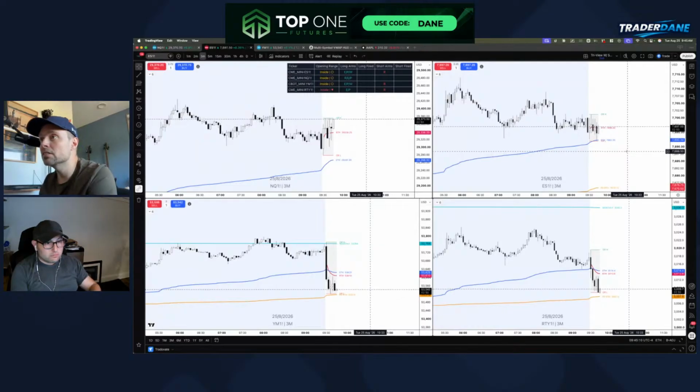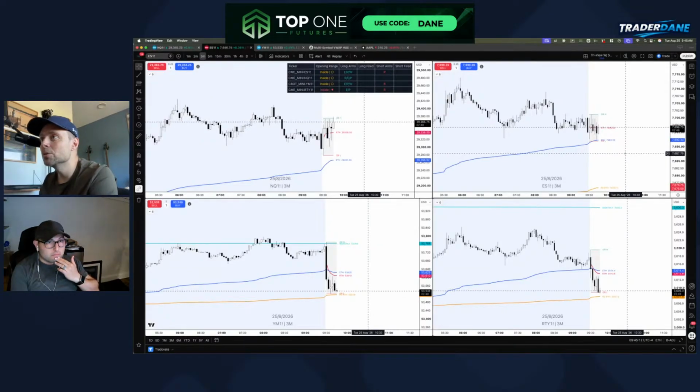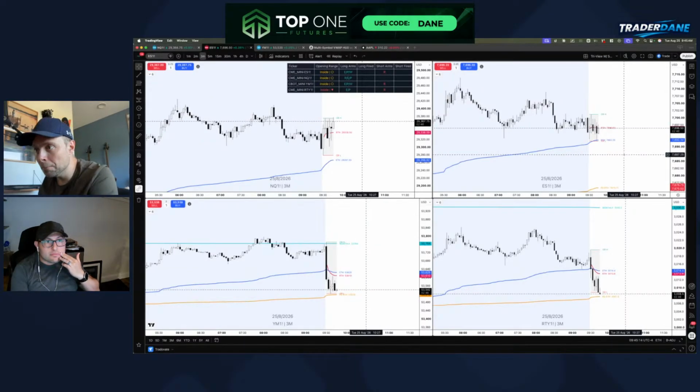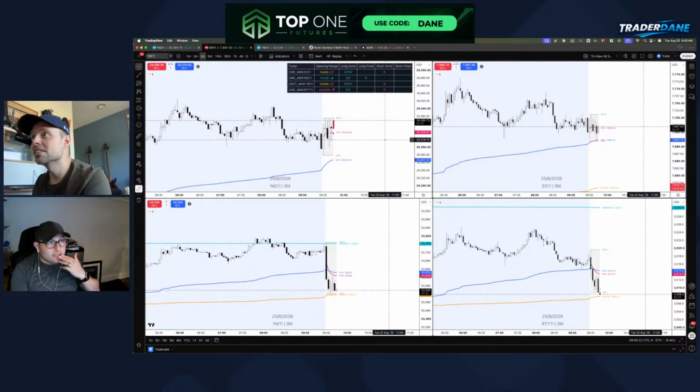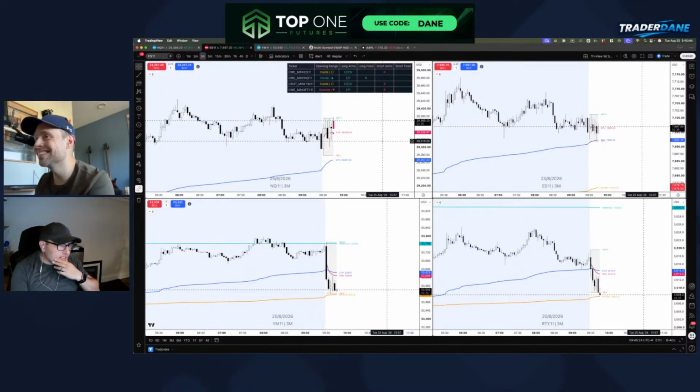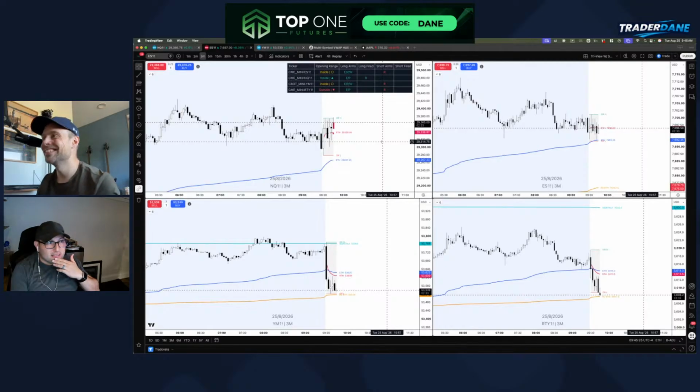Opening range is set. We break it on NQ to the upside. That's probably just NQ flying off to the moon. Oh, I get a bounce signal on NQ. Yeah, you are. But we're far off the. Yeah, it's not the strongest one.